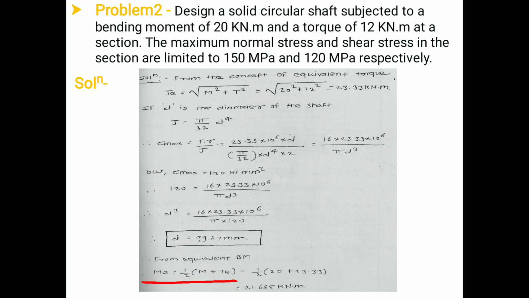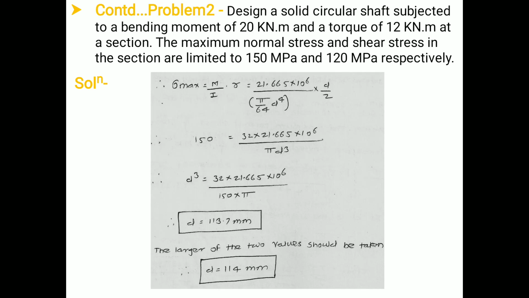Again we will put the value of M, it is 20. We will put the value of equivalent torque, it is 23.33 kilonewton meter. On solving this equation we have 21.665 kilonewton meter. In this manner we have found the value of equivalent bending moment. Once you know it, by using the bending stress formula for the maximum value, we have sigma maximum is equal to M upon I into r.